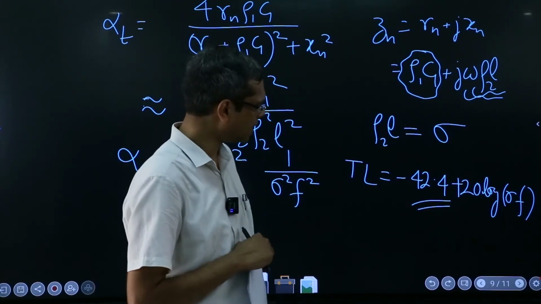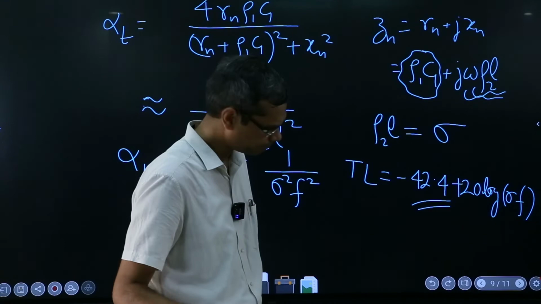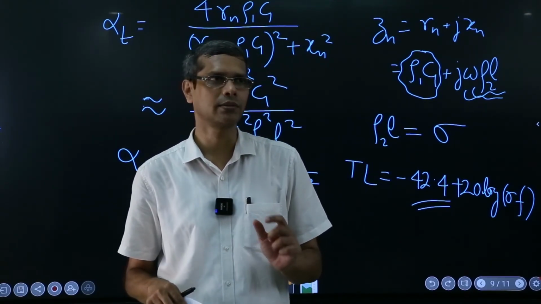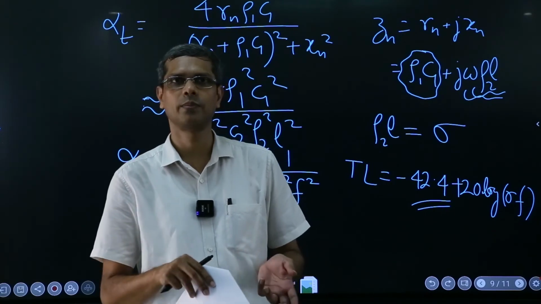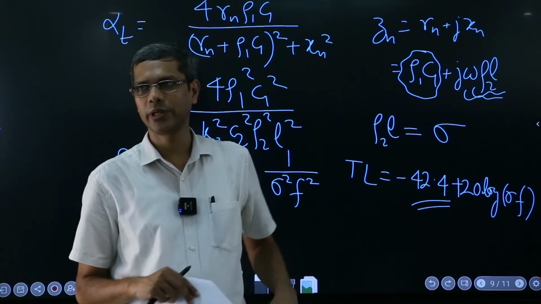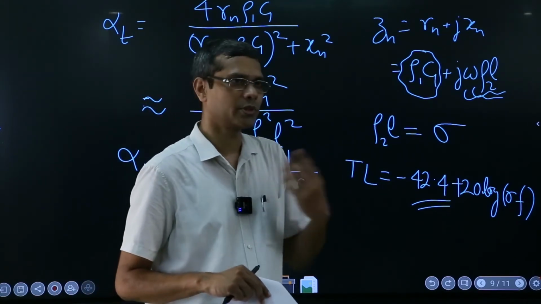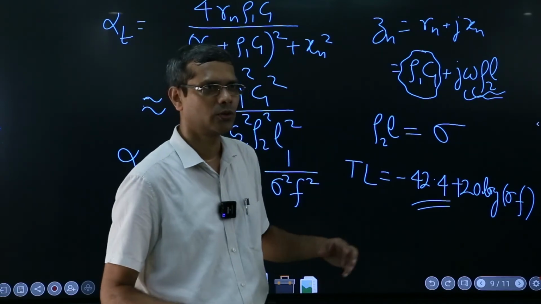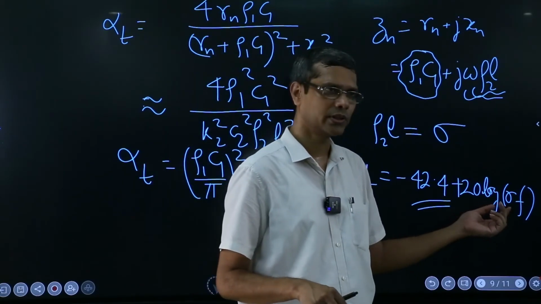Now if I ask you that if I increase the thickness of the layer by double, if I double the thickness, how many dB transmission loss will be increased? So log 2 is almost like 0.3, so 6 dB.